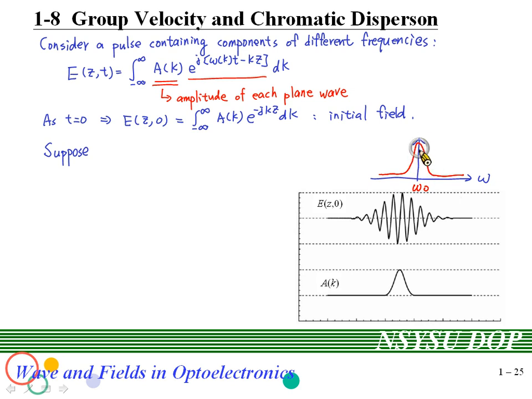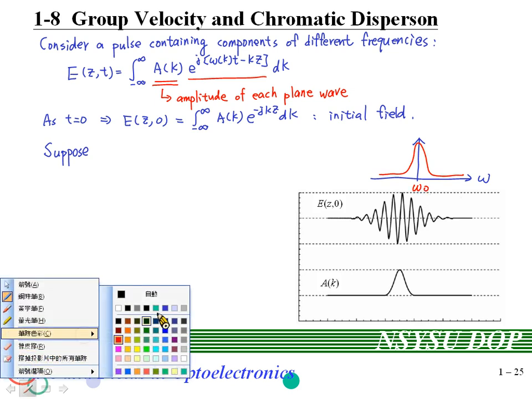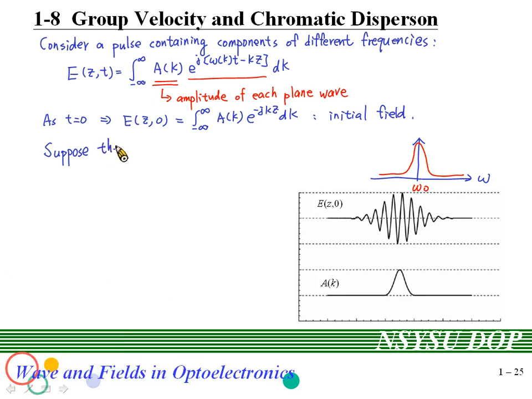Most components are focused on the omega 0 here. So we suppose that the pulse is sharply focused on omega 0. So the omega 0 component has a large amplitude. Other frequency components have smaller amplitude.